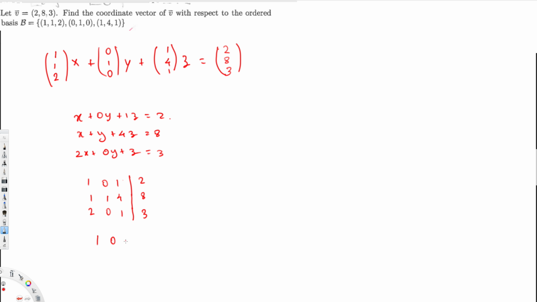So that is going to give me 1 0 1 2, 1 1 4 8, and -2 r1 plus r3, which gives 0 0 in the bottom, then -2 plus 1 is -1, and -2 times 2 is -4, -4 plus 3 is -1.